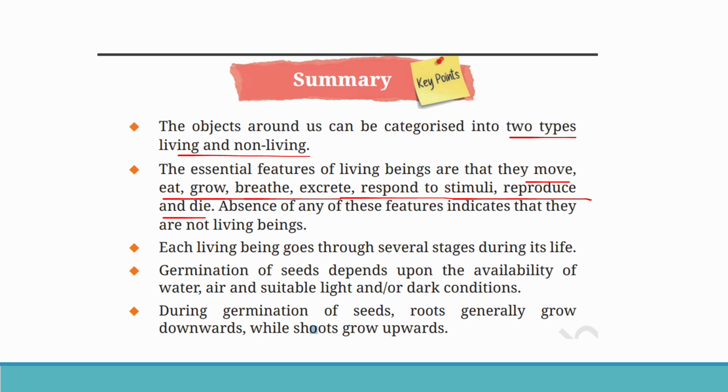Absence of any of these features indicates that they are not living beings. So, what are the characteristics of living beings? Living beings can move, eat, grow, breathe, excrete, respond to stimuli, reproduce, and die.